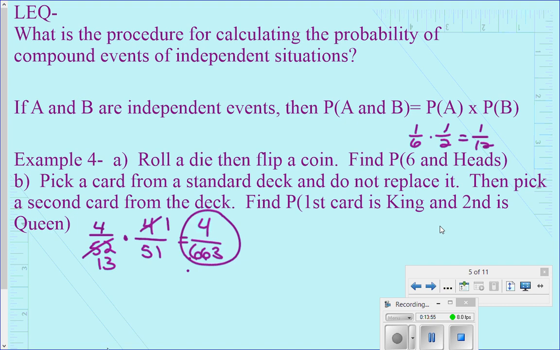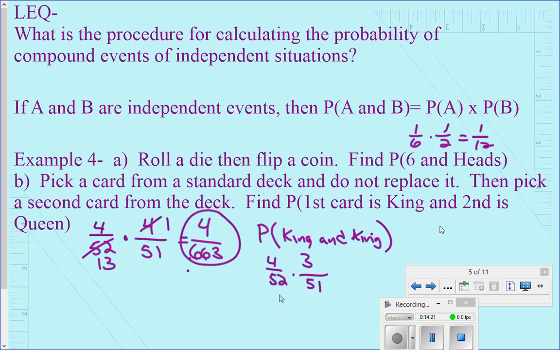Okay. Now, we did also talk about in class, even though it's not written here, I asked students to find the probability of king for the first and then king again. And we talked about how, again, these are dependent events. I still use 4 over 52, but then there's one less king, so 3, and there's one less card, so 51.